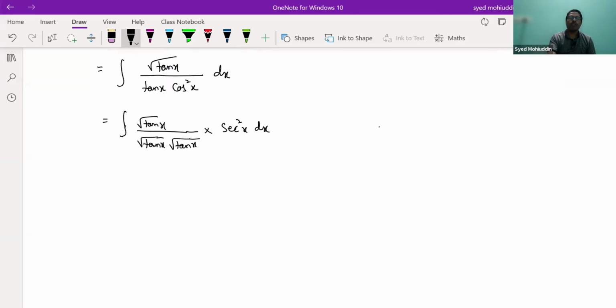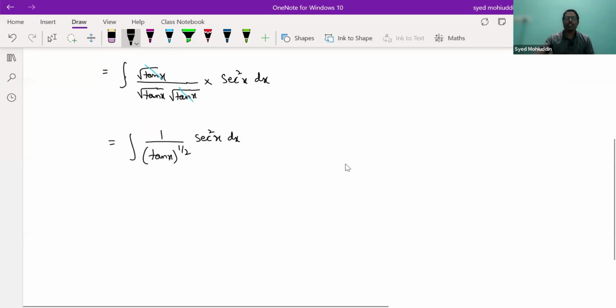But further, because you have root of tan x in the numerator and root of tan x in the denominator, I can cancel them out. I'll be left with, under the integral, 1 by tan to the power of half, since root represents to the power of half. The secant square of x will be as it is into dx.